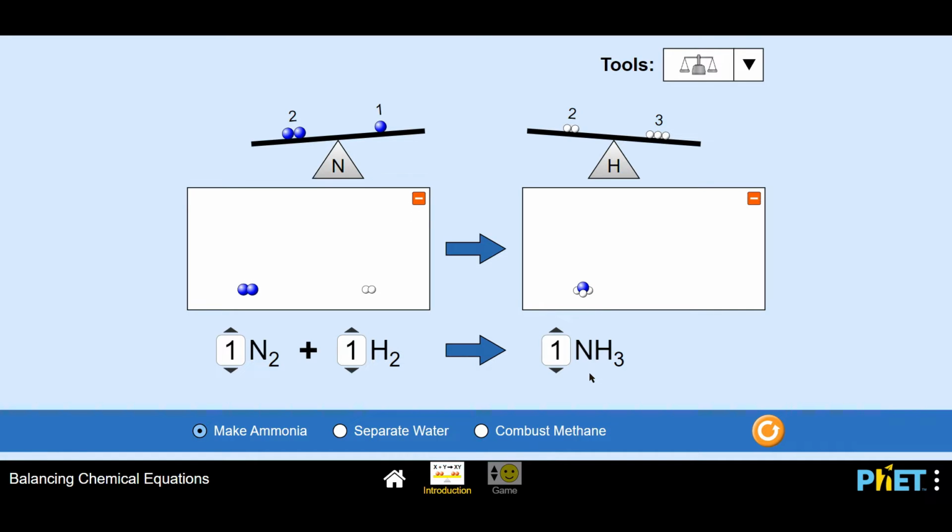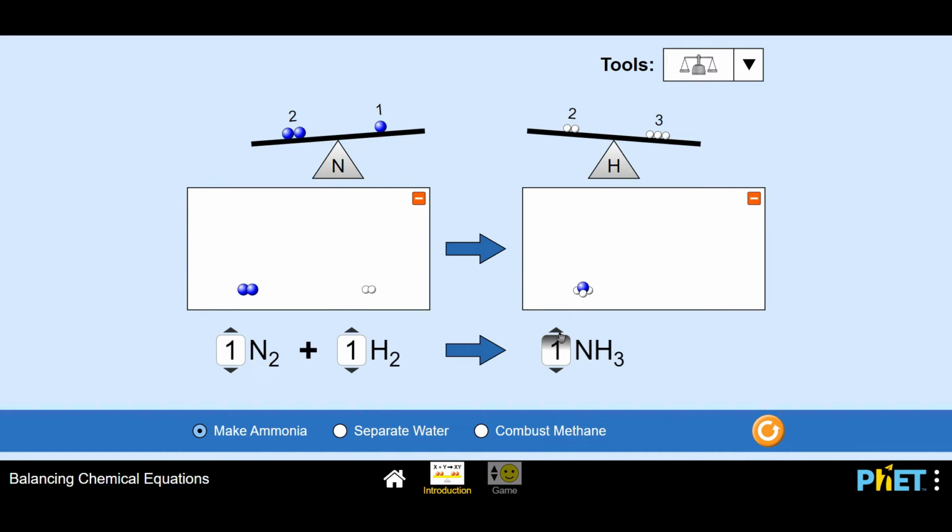You should become a little bit of a detective in trying to figure out, do I have the same numbers of atoms on both sides of the screen? On the left-hand side, I have one nitrogen molecule, but I have two nitrogen atoms.